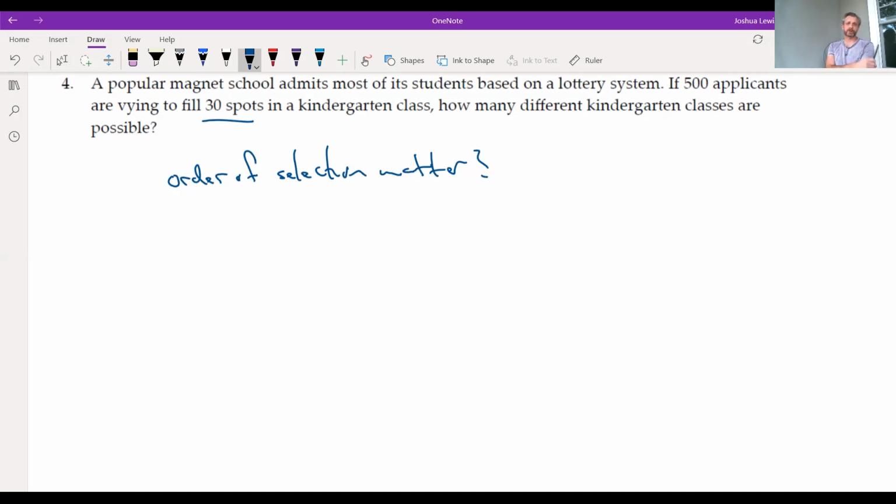Picture being in a physical classroom, and we're all sitting in a seat. And we all stand up and change our seats. Is this now a new class, or is it the same class? Yeah, it's the same class. So the order doesn't really matter, which makes this a combination, okay? And so 500 choose 30.